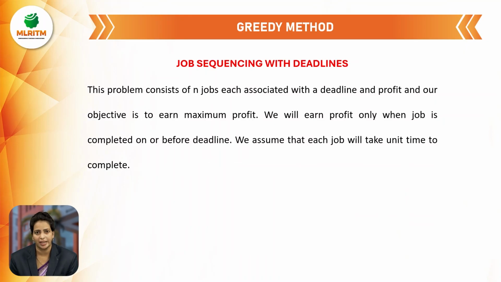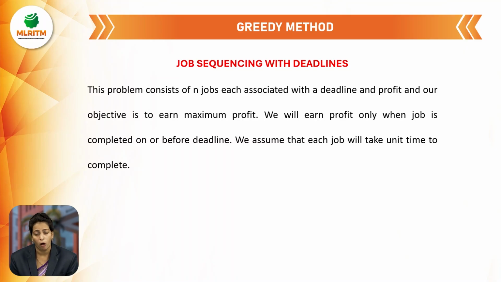First application of the greedy method is job sequencing with deadline. In this problem, we consider n jobs. Each and every job is associated with two properties: first one is profit, second one is deadline.